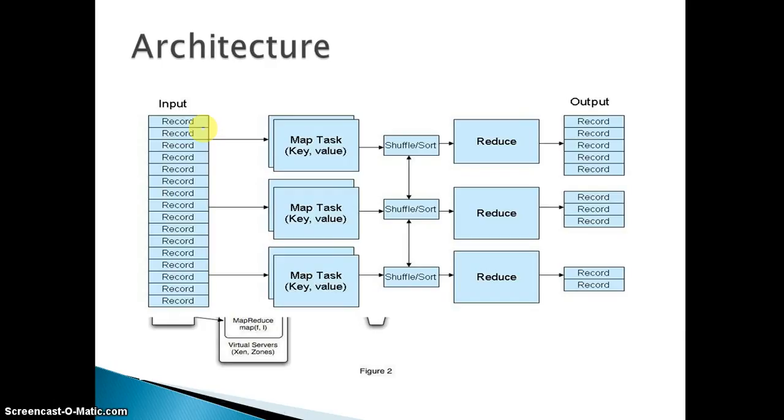Let's assume this input file is 3 parts of 64 MB. So the first part, second part and third part will go to mapper 1, mapper 2 and mapper 3 respectively, which are 64 MB, 64 MB, and the last split will be either greater or lesser than 64 MB.